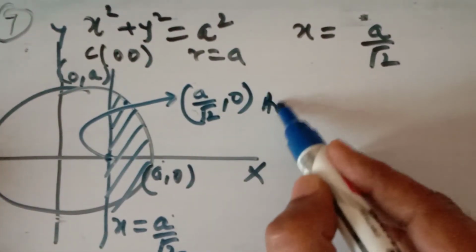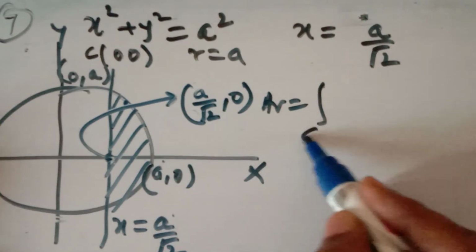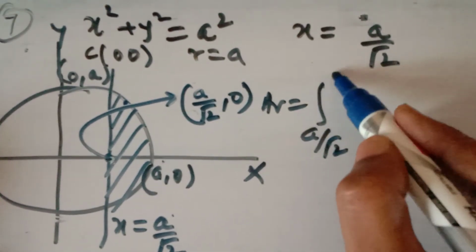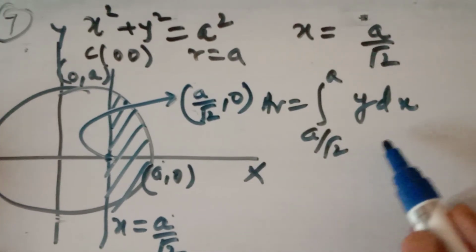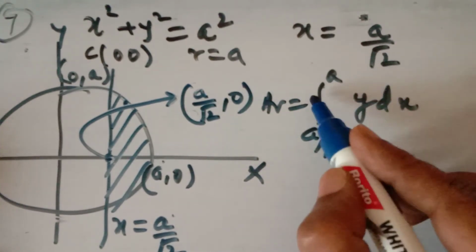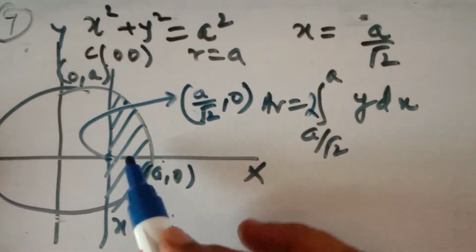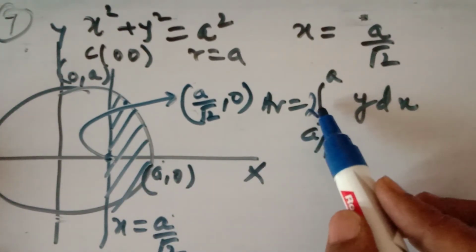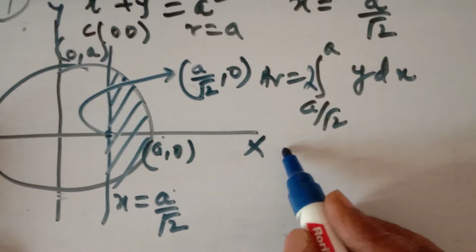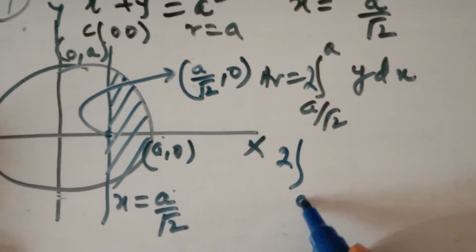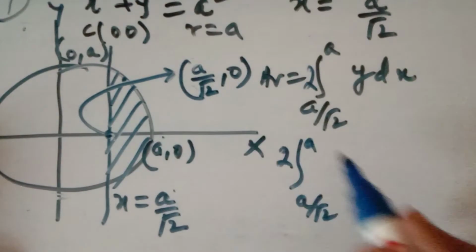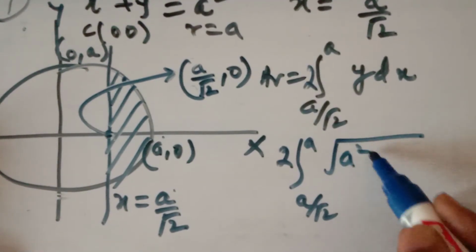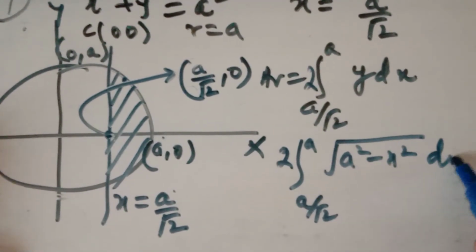So its area will be from a upon root 2 to a, y with respect to x, because we are integrating with respect to x, and because it is below the x-axis also, you multiply by 2. So you simply put the value of y, which will be equal to under root a square minus x square, with respect to x.